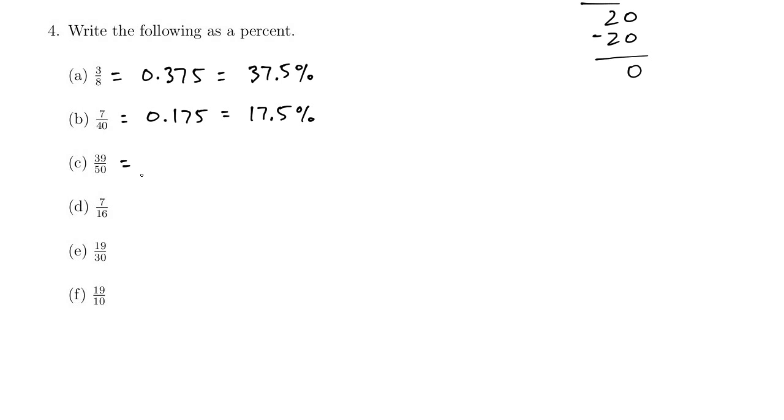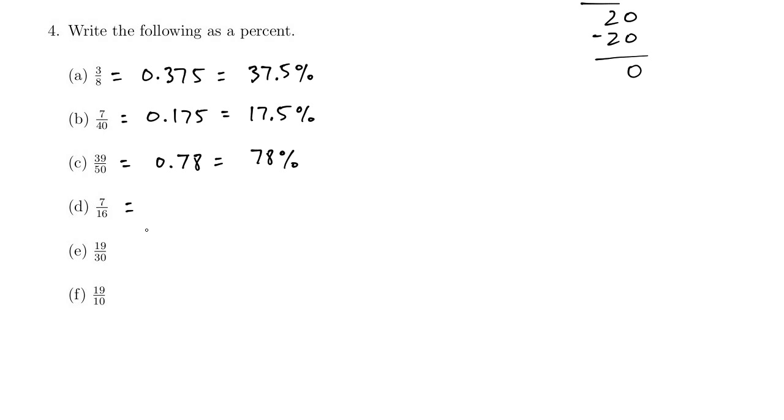All right, for part C, we've got 39 over 50. We'll divide 50 into 39. We get 0.78. Okay, move the decimal point 2 places to the right, so we get 78%.